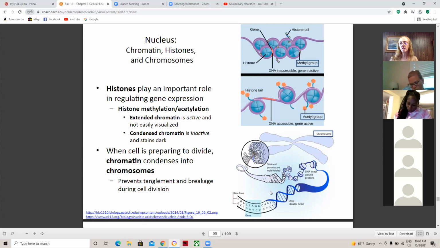When it starts to compact and become a chromosome is when you can actually see it as a chromosomal structure within a cell that's preparing to divide. So the chromatin has to compact up and condense into chromosomes before the cell can divide.